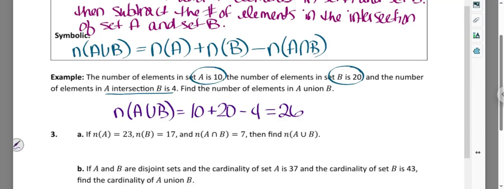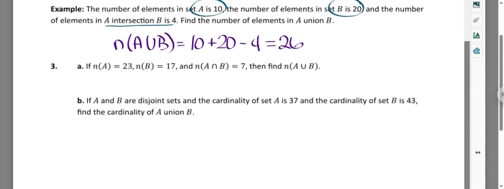So what would it be on 3A? So the union, cardinality, how many are in that particular set?